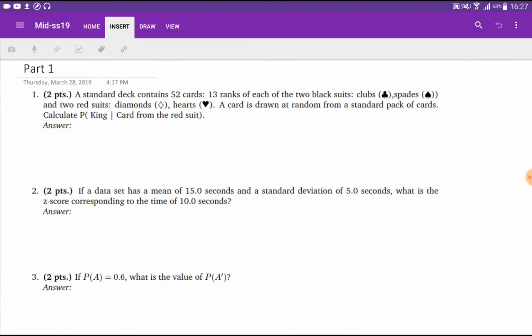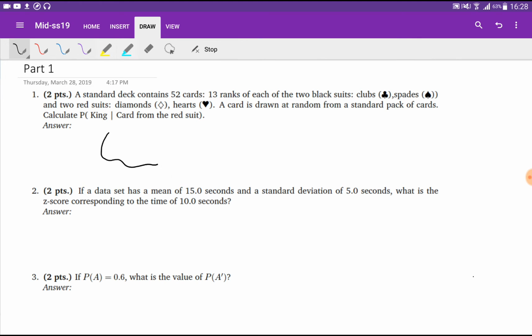So the first part of the exam contains 10 questions. Let's go through all the questions. So we take one card from the standard deck of cards, and this card is red. We know that this is red already. So what is the probability of choosing the kings? So our sample space contains 26 cards, all the red suited cards, right?